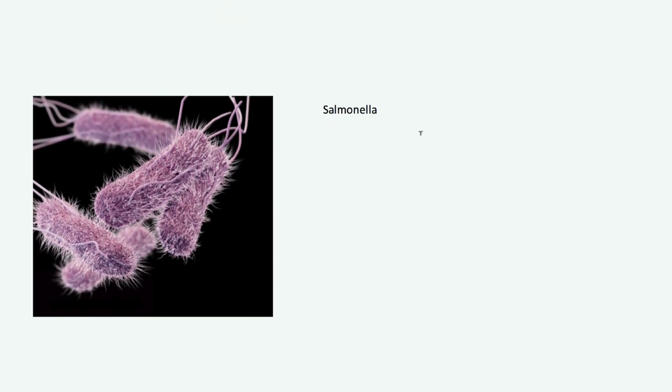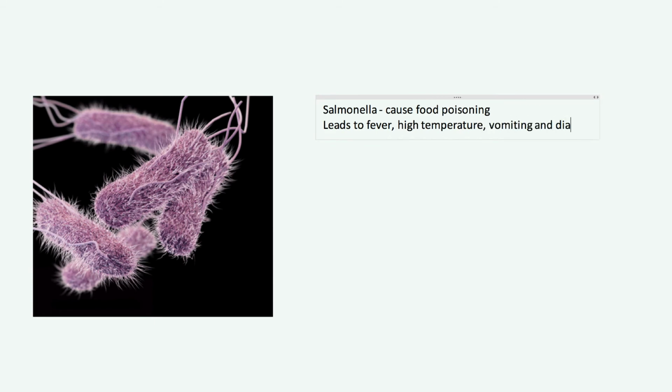Right, you would have heard of Salmonella before. Okay, it's often implicated in food poisoning. Salmonella can cause food poisoning, and it leads to fever, so high temperature, vomiting, and diarrhea.